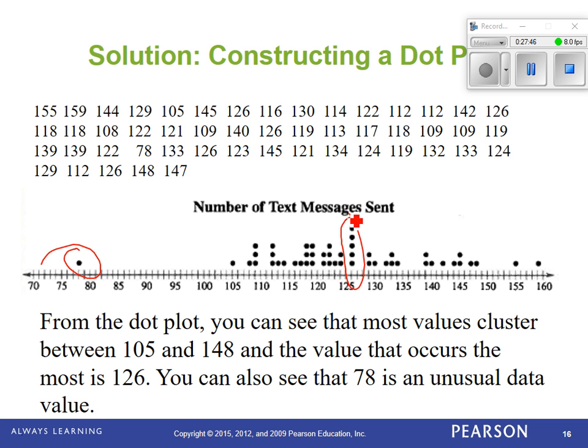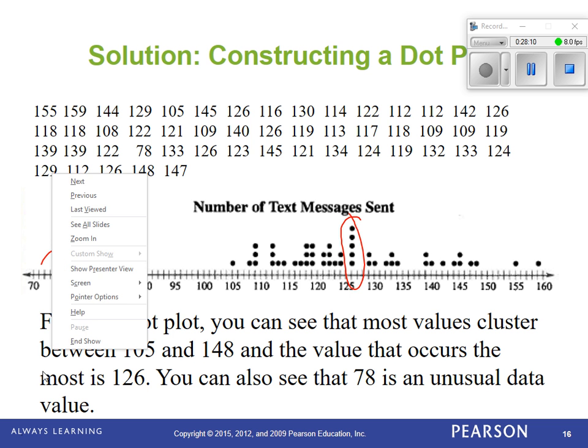Anybody remember what that's called when it's right in the middle? Median. One that occurs the most is the mode. Mean is the one where you add them all up and divide by how many there are. Down here they say 78 is unusual. Again, you probably wouldn't put it on your dot plot.